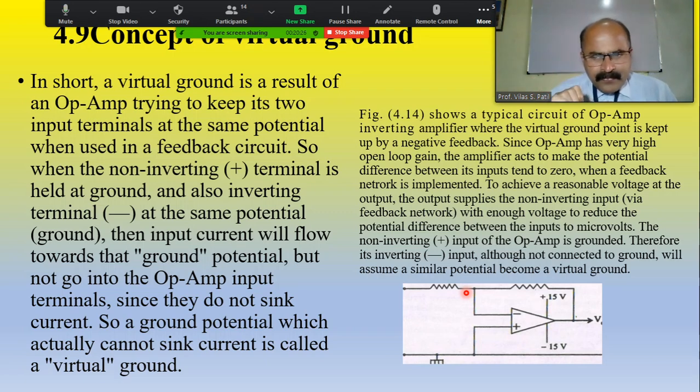See again, to explain the concept of the virtual ground, it is a slightly typical concept. Also, it is a difficult concept to understand.